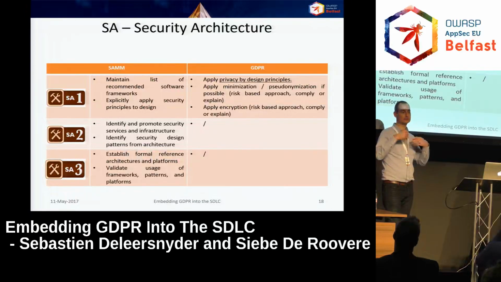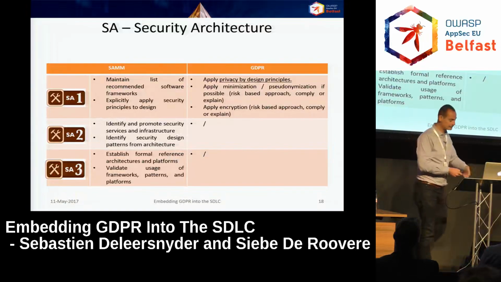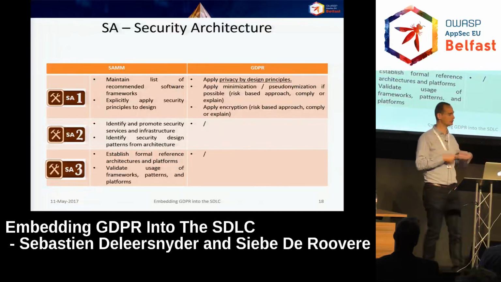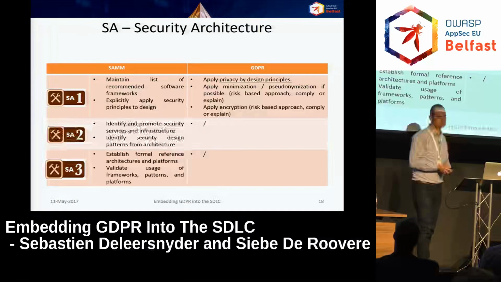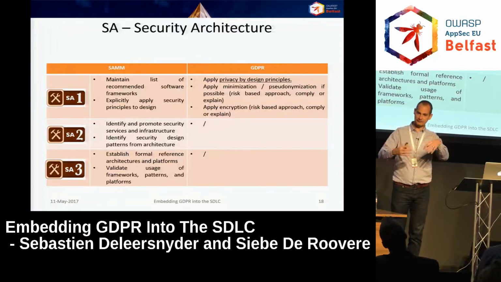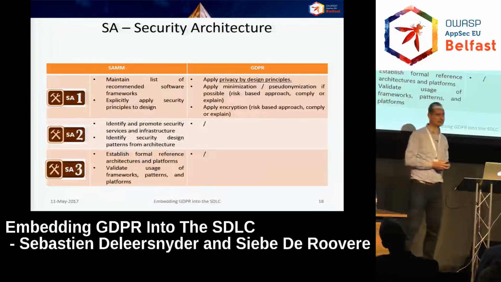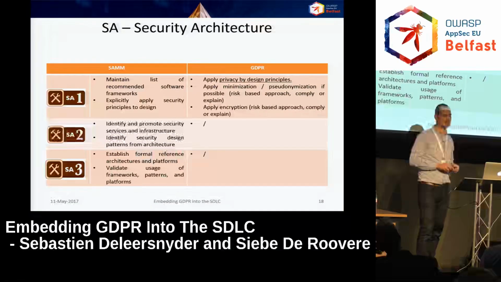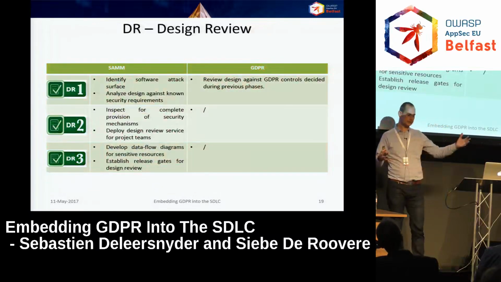In general, as a software architect, you want to have security patterns and security design principles integrated in reference architectures and in reusable components in your software. If you integrate privacy by design in these specific security principles, that combination can become very strong. So here again, there are definitely things that we can map and integrate. Those are the construction activities.